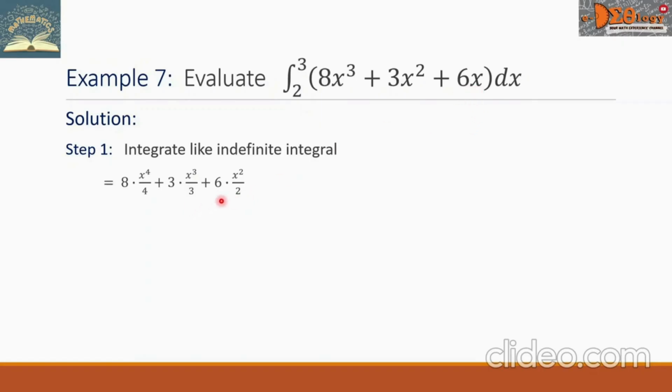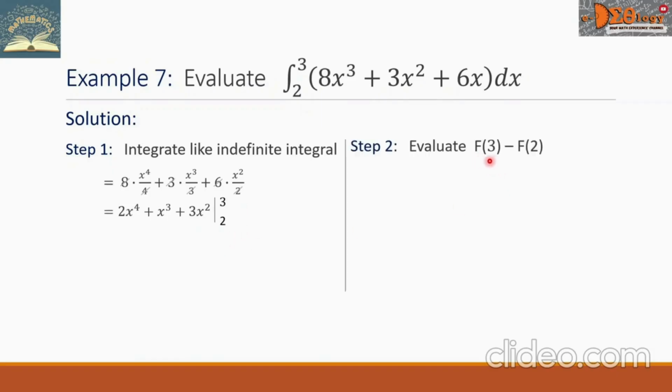We copy the 6 times the integral of x, that is x squared over 2. We can see that we can cancel some terms. So the first group is now 2x raised to 4, plus the second group x cubed, plus the third term 3x squared. Then we write the limits from 2 to 3.